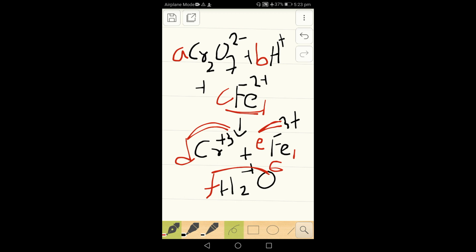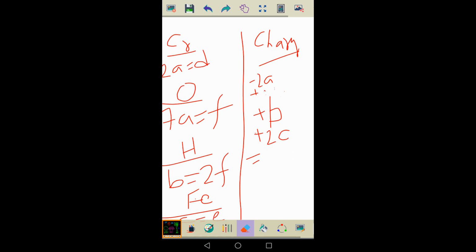Here is no charge at all. So 3D plus 3E. Okay, so that's the thing.